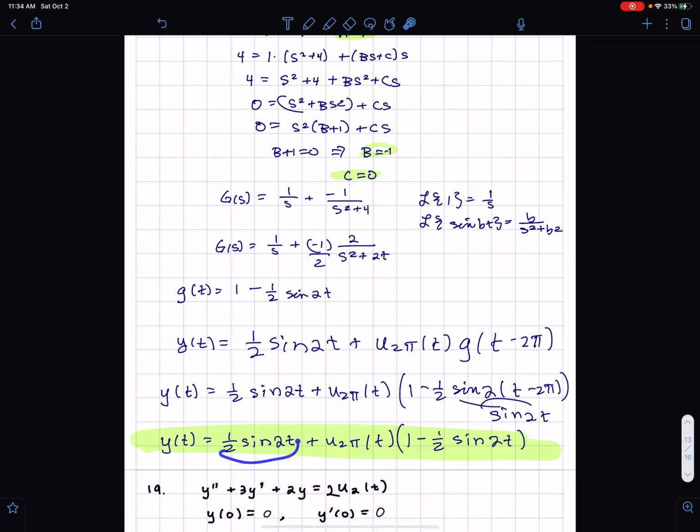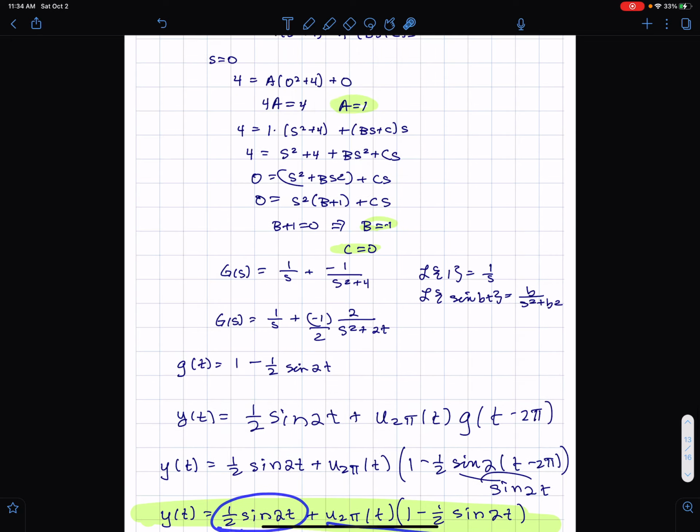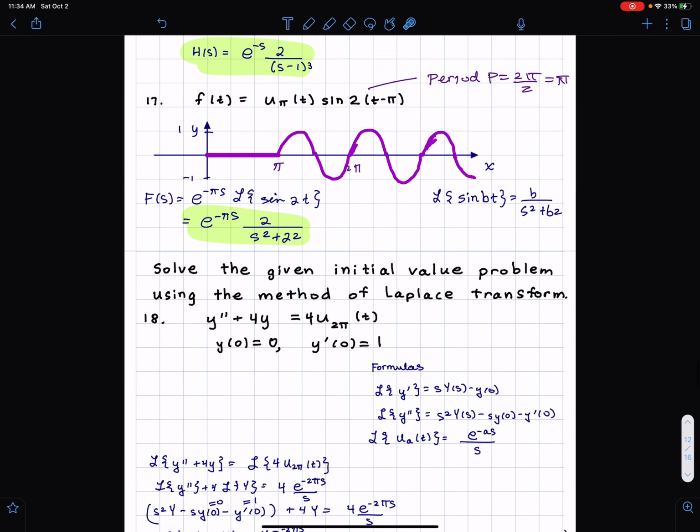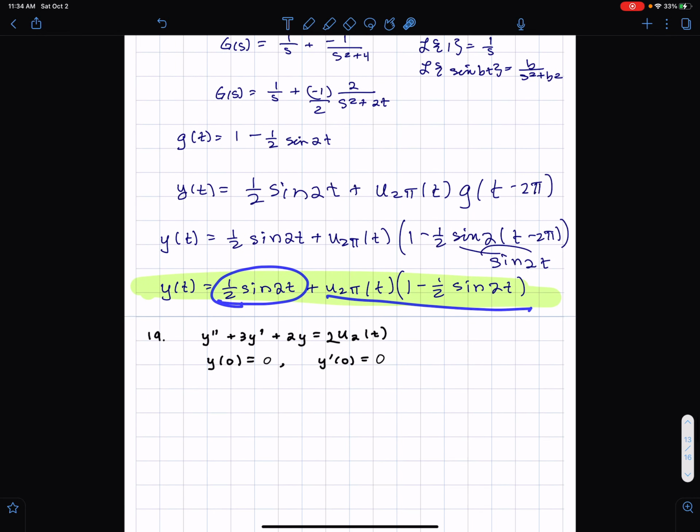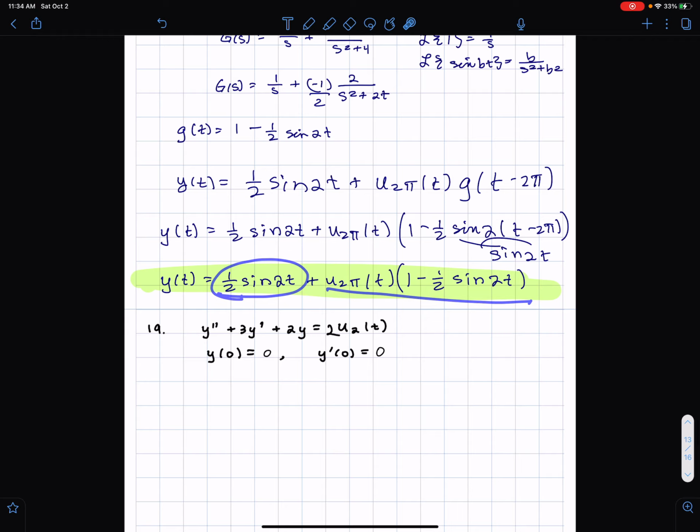Putting in 0 right here, you get sine of 0, which is 0. Now take a derivative, still this part's 0. The derivative of this is going to be 1/2 times 2 cosine 2t. Put in 0, and you get 1/2 times 2, which is 1. I think that was for y prime of 0, and that was our initial condition. So at least I can check pretty easily that it satisfies the initial condition.